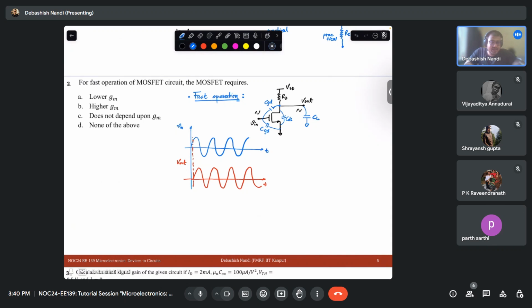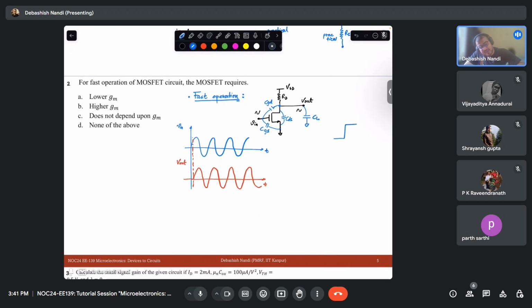We can model it as in digital circuits. We have analyzed this. Passing a signal through this capacitive coupling requires charging of these capacitances, and that charging is not instantaneous.